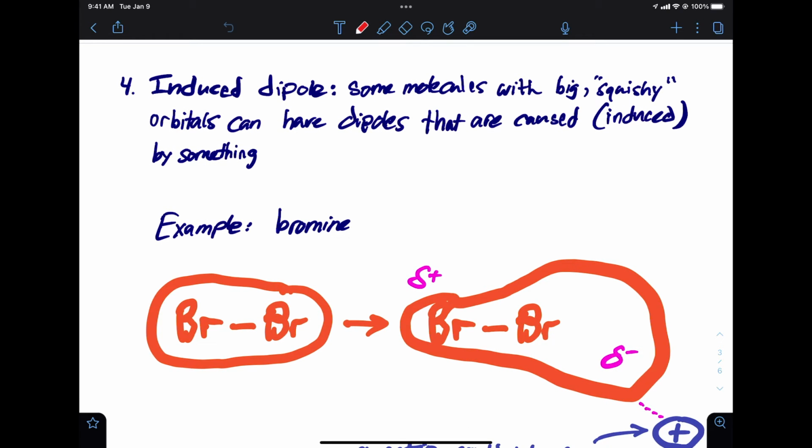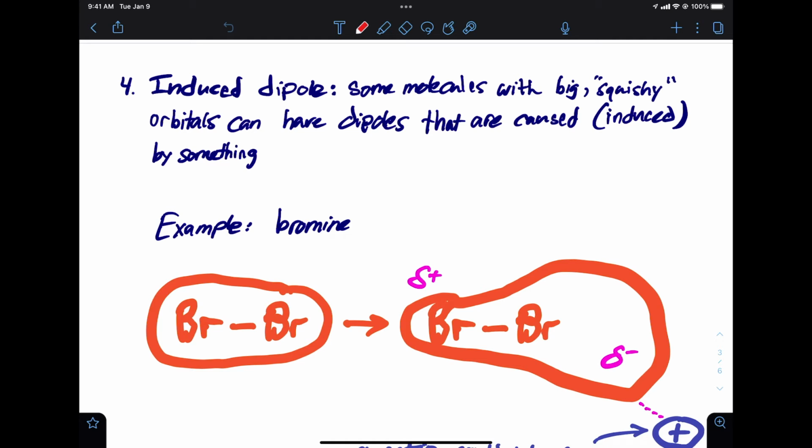The fourth, or again, maybe the fifth type, if you want to think about hydrogen bonding as being different than a dipole-dipole interaction, that's fine. But our fourth type is an induced dipole interaction.